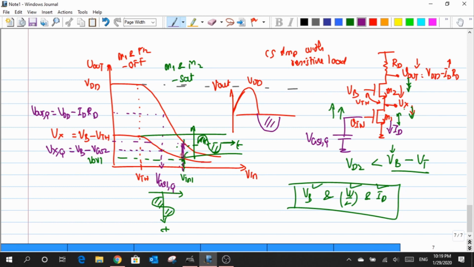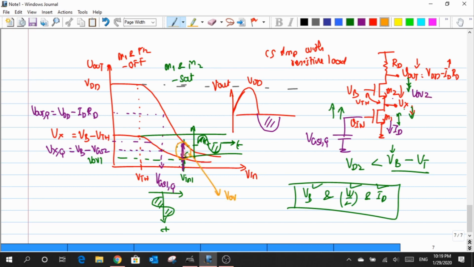So what I have here is nothing but the voltage difference between the drain and source of M2 plus the voltage difference between the drain and source of M1. The voltage I have to maintain across the drain and source of M2 is a minimum value of VOV2, and I think I'm mixing up all these colors, so please do not get confused.